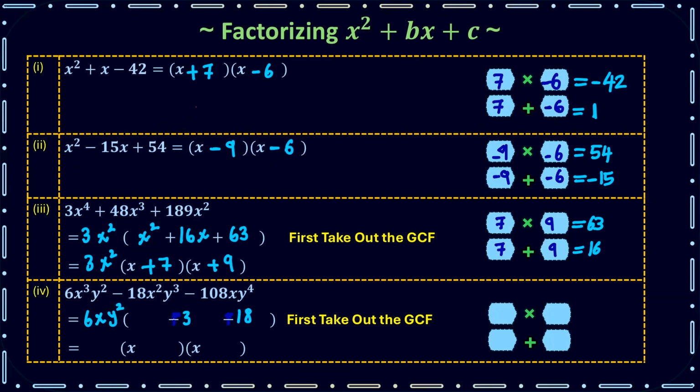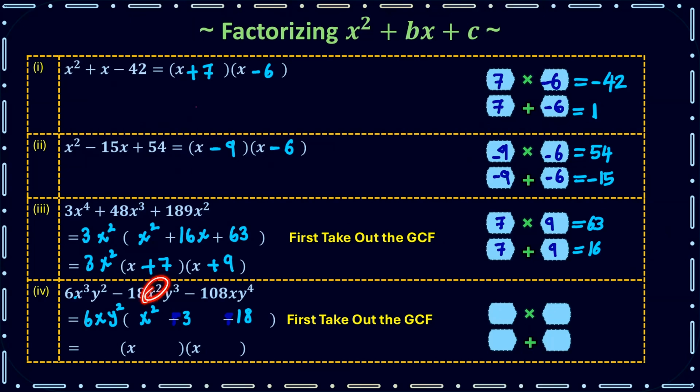Let's see what happens when we take out xy squared. x cubed y squared divided by xy squared is going to leave you with just x squared. The y squareds get cancelled out, and x cubed divided by x is x squared.